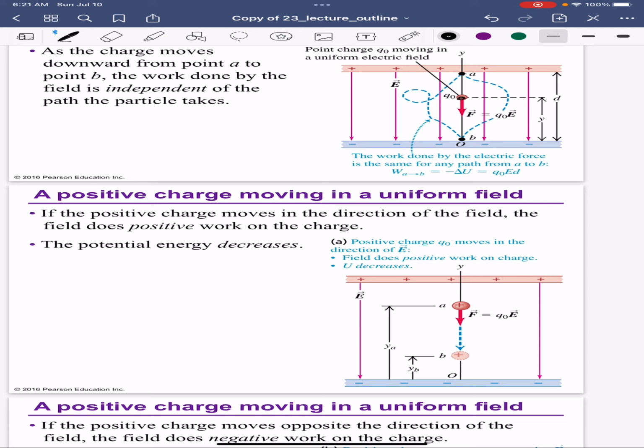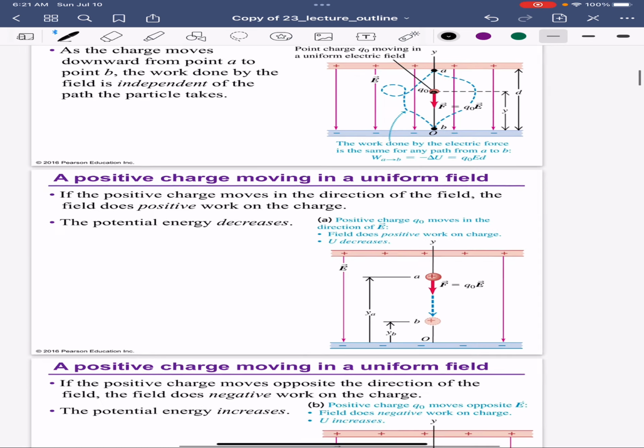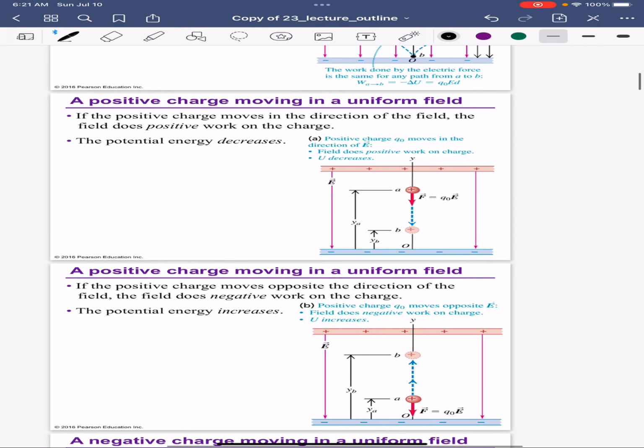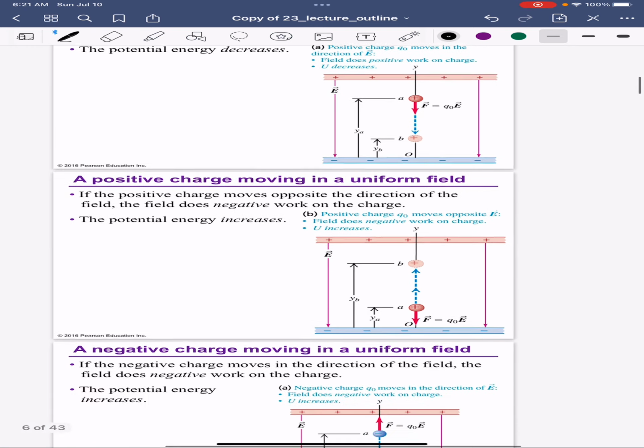If the positive charge moves in the direction of the field, then the field does positive work on the charge and the potential energy decreases, because remember, it is all final minus initial. If the positive charge moves in the opposite direction, then the field does negative work on the charge and the potential energy increases.